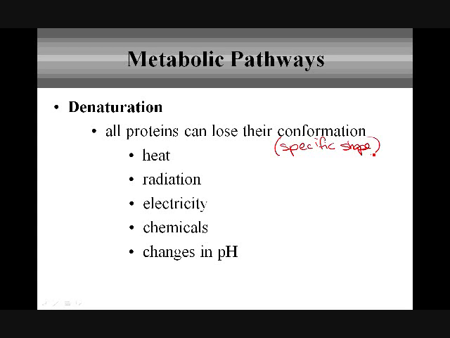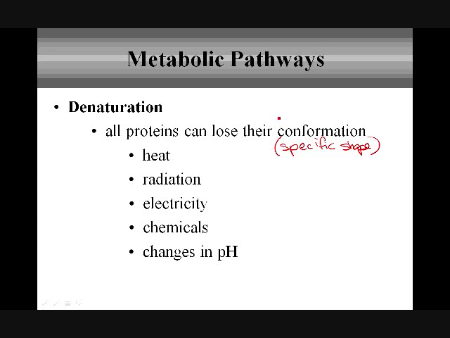When we talked about proteins back in our biochemistry chapter, we talked about primary structure, secondary structure, tertiary structure, and quaternary structure of proteins. Those different structures are called the conformation of the protein, and they're responsible for giving it its specific shape. That specific shape is directly related to the function of the protein.